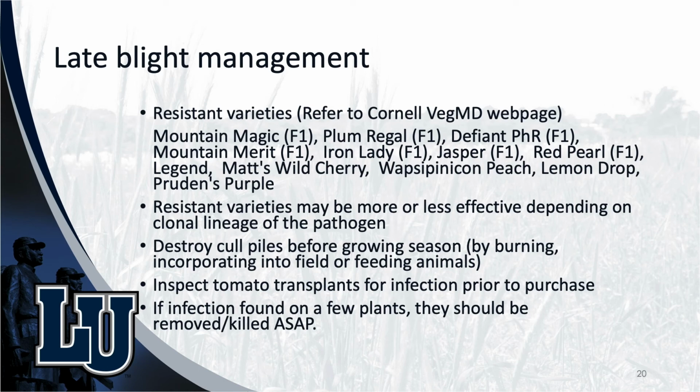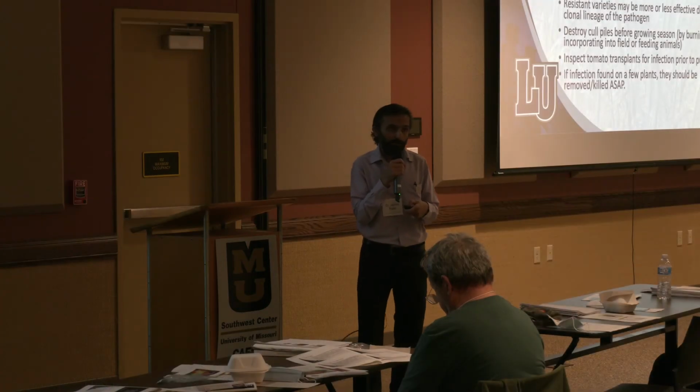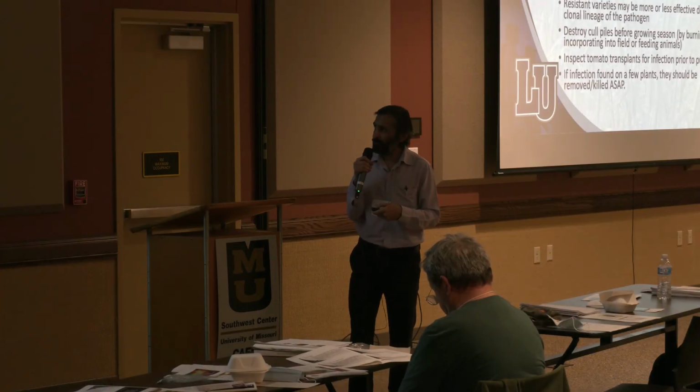So that's why you need to make sure what kind of lineage is present in your state or in your county. And it is tricky, so you may need to send it to the diagnostic laboratory.